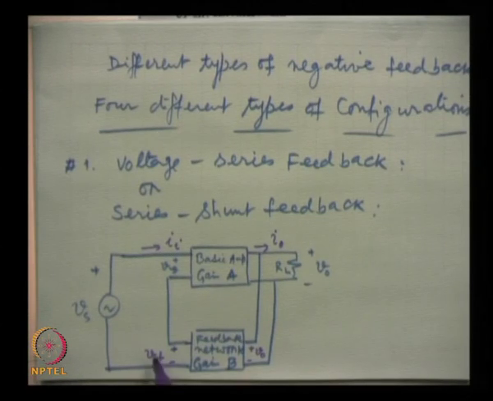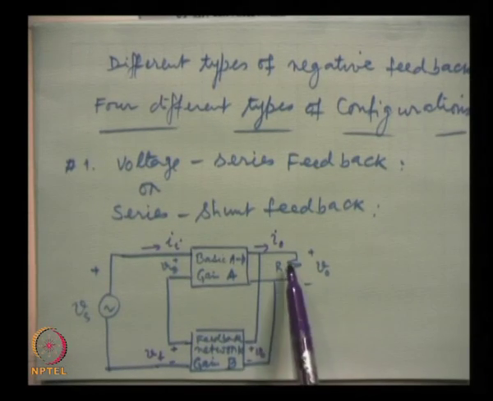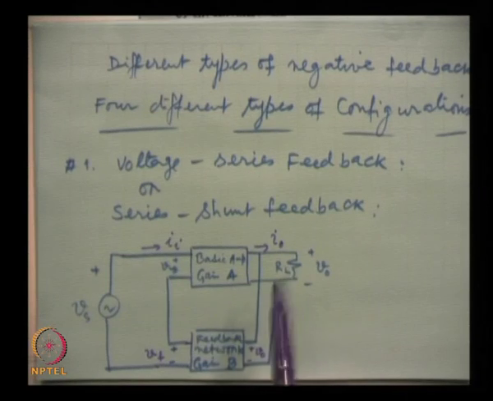The feedback signal V f in this circuit will vary according to how the variations occur in V 0. The output impedance of the amplifier will decide what is the fraction of that we are feeding back to the input.